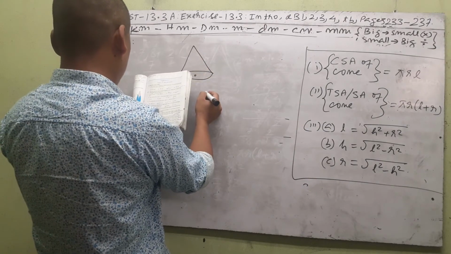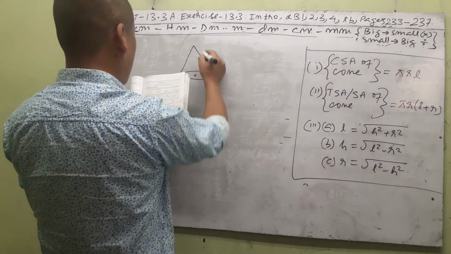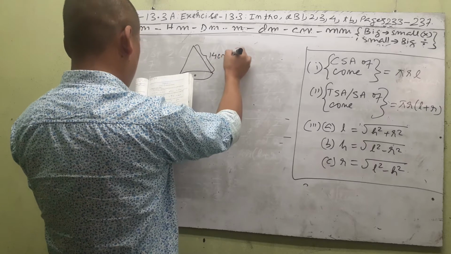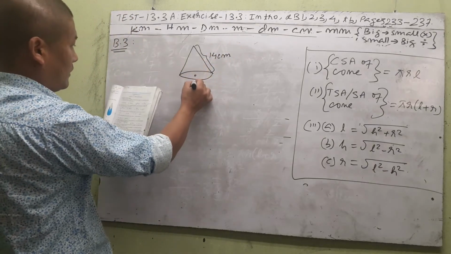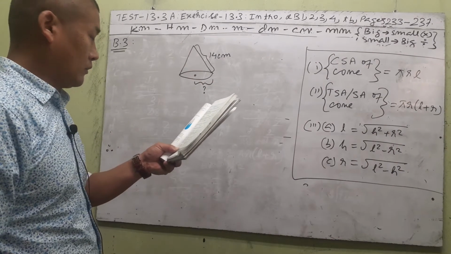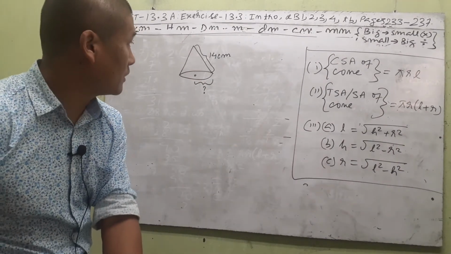Okay, so slant height is given 14 centimeter. Find the radius. So radius is unknown. And the total surface area, so L also we need.